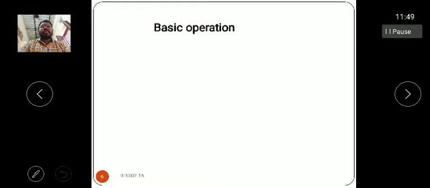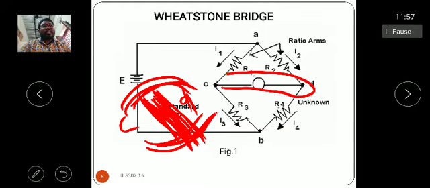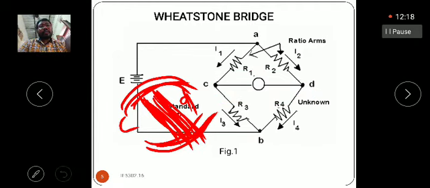Due to this, the potential difference between C and D is equal to 0, then the current passing through the galvanometer is equal to 0. That means the galvanometer goes to null detection.